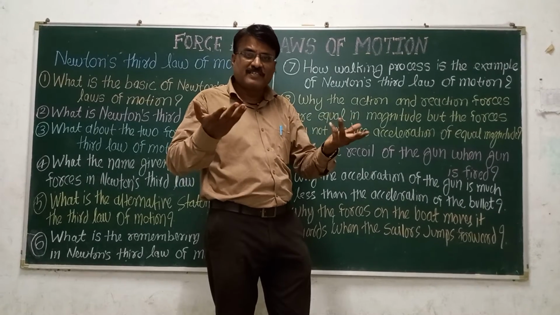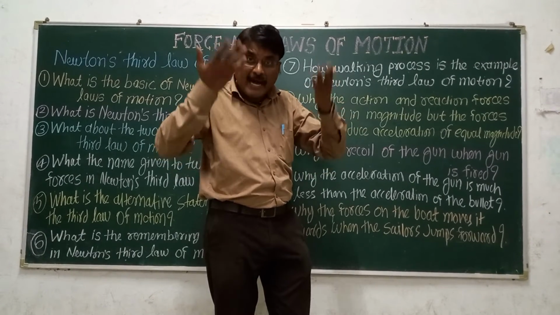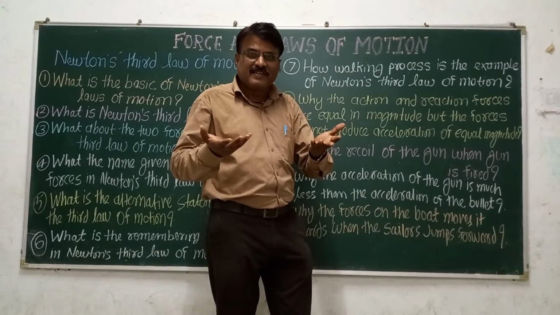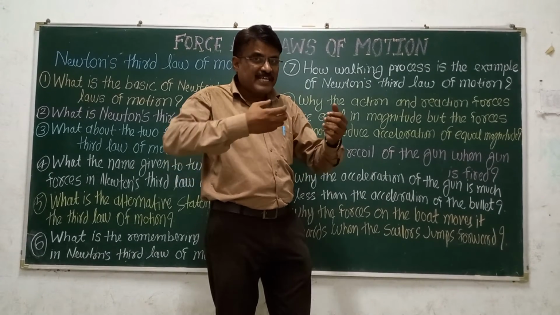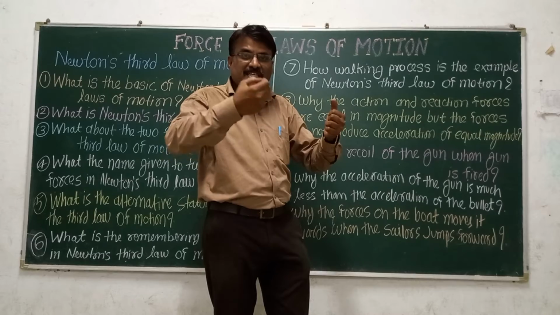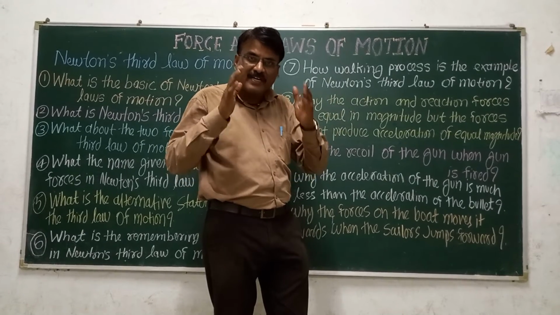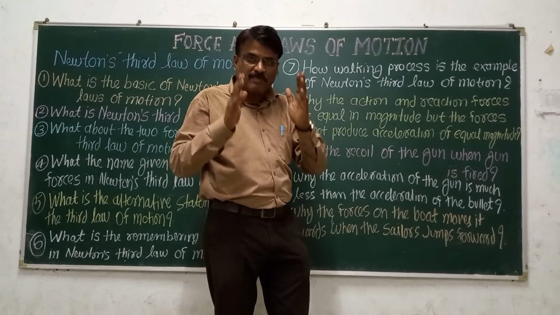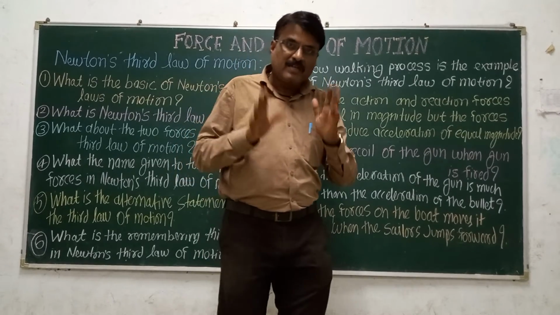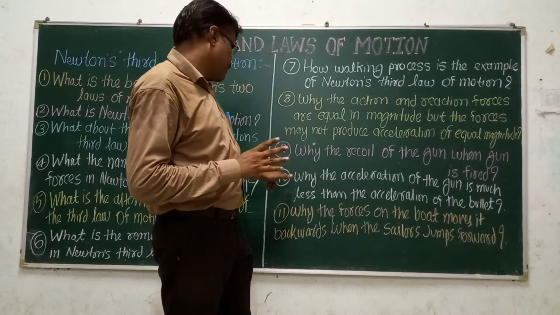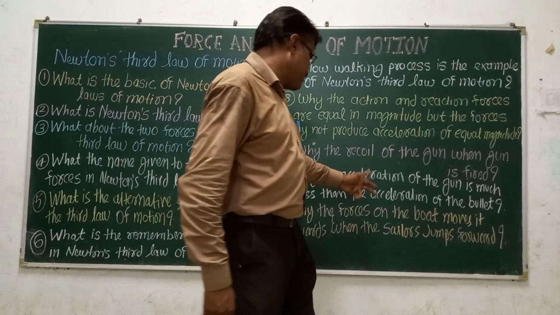Why? Very easy. The mass of the gun is large, so the gun will not have that speed like the bullet. The gun has a large mass. This is the cause, or answer.